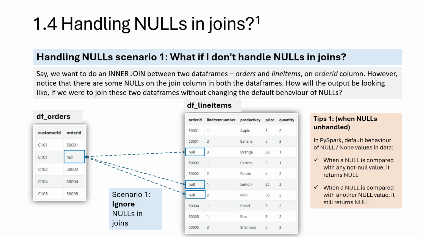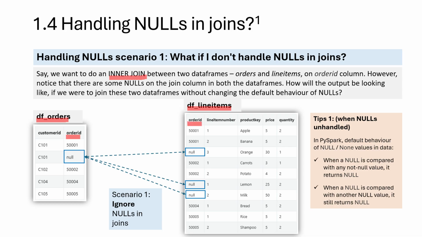This is the first of the three scenarios for handling nulls in joins. For each scenario, we will go through the illustration first, then we will walk through the related code in the notebook. The scenario here is that we have orders data frame and line items data frame, and we wanted to do an inner join between the two data frames on order ID.